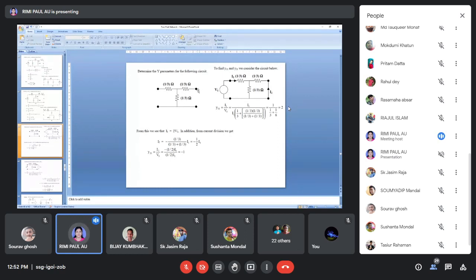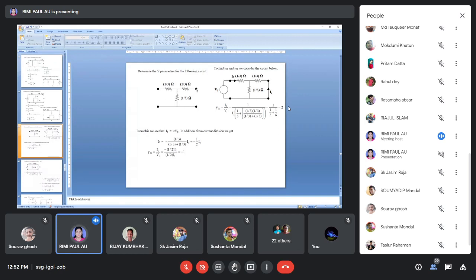So you can see there, this is a short circuit. So we can see these two are parallel and this is series. Now in Z, to find out Z11 what we have done: V1 by I1, that is equal to Z equivalent, that is equal to Z11. But now you have to find out I1 by V1, that is equal to Y11.